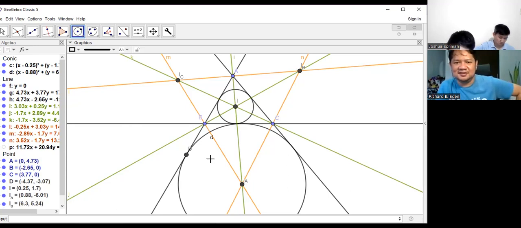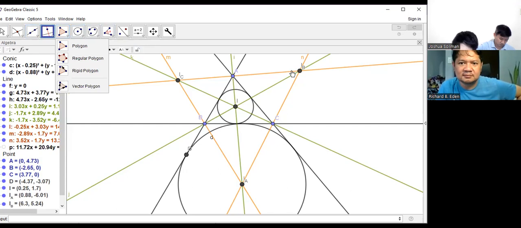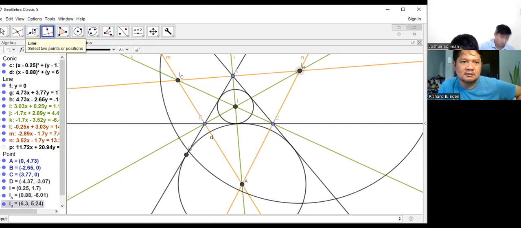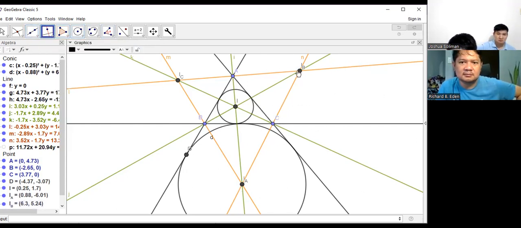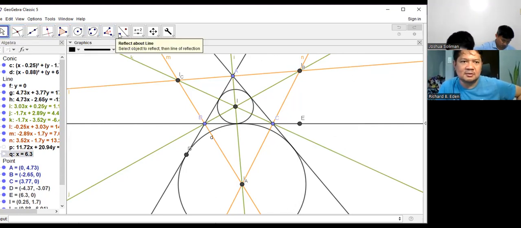So this is the X. So this is an X circle. Tapos here. Wait. There. So this is the intended point of tangency. I'm gonna hide this line para hindi magulo.